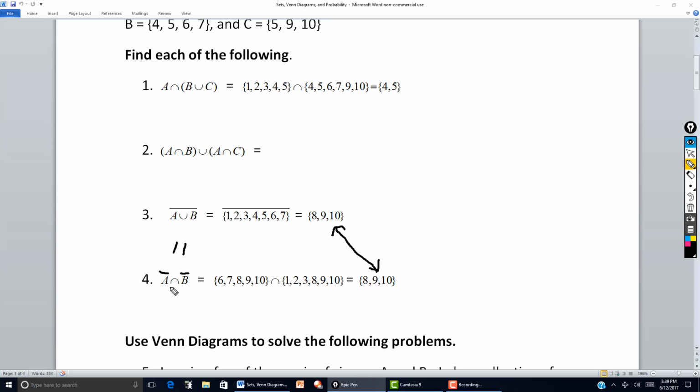A complement consists of everything in the universal set that is not in A, so that would be this set. B complement is everything in the universal set that is not in B, so that would give me this set right here. Then I take the intersection of those two, and the numbers common are 8, 9, and 10. There we have it, same thing.